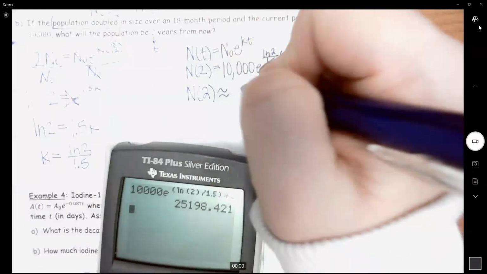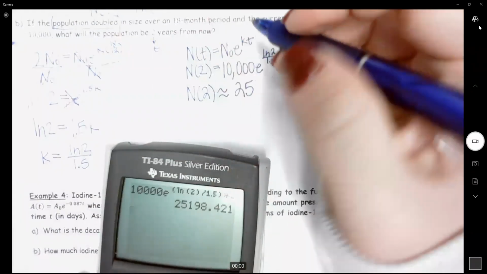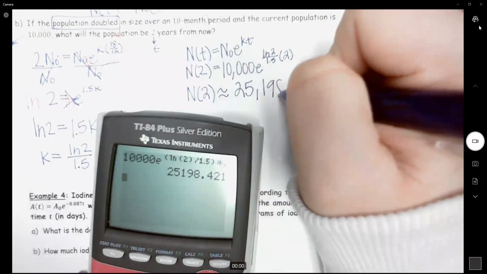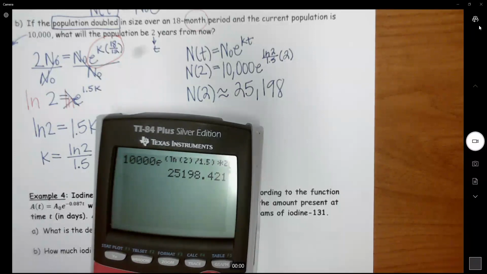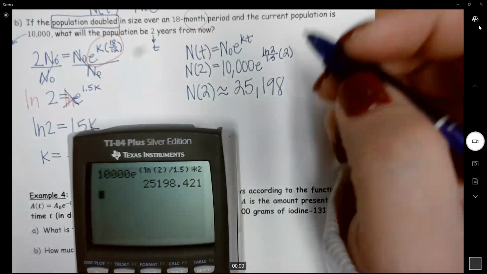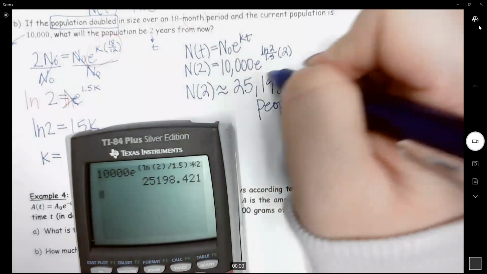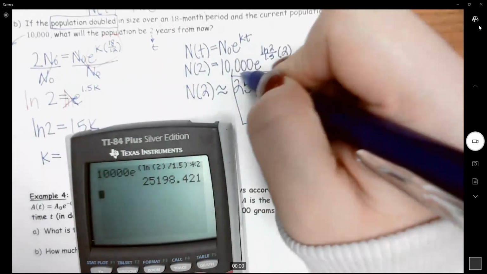So in 2 years, this population is going to be 25,198. Talking about people, so I'm just going to go ahead and put people, even though it doesn't say people, but we're talking about the population of a city.